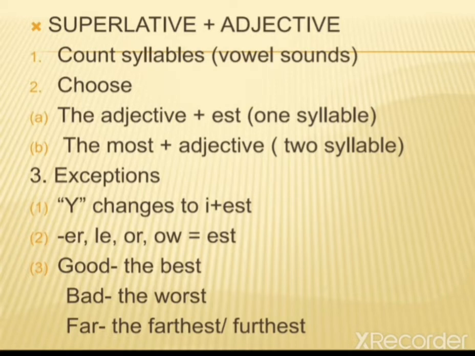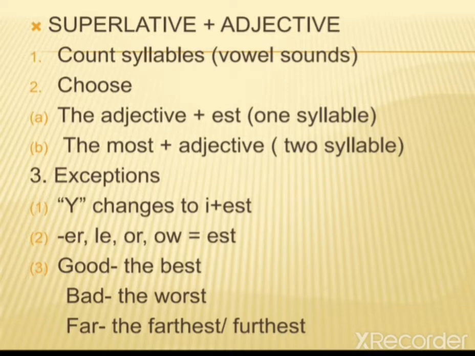If the word has more than one syllable, we put the most. But then we get these irritating words that end in a y. Third point, it's first part y.